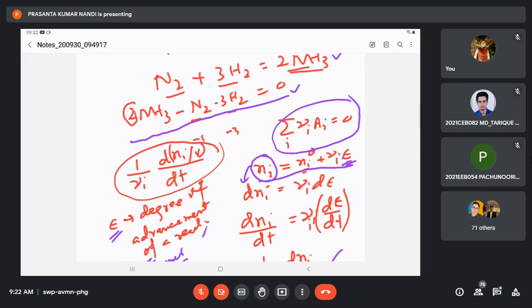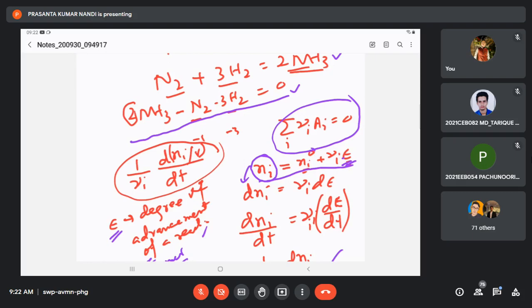Degree of advancement means it is a parameter which measures quantitatively the progress of the reaction, that is, how much the reaction has already progressed or completed. That can be traced by following this parameter. It is denoted by epsilon.